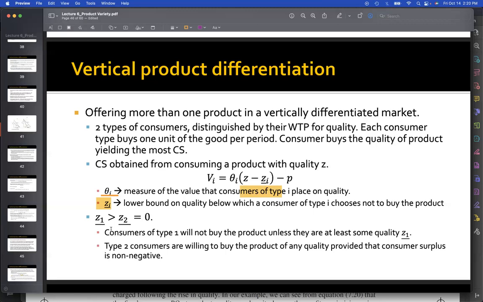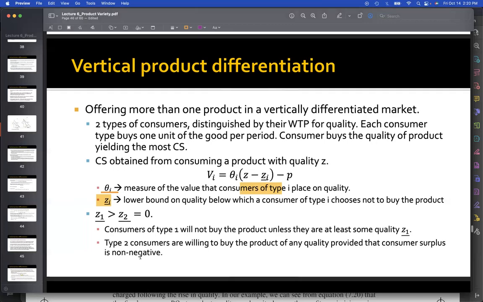So type 2 will buy anything because there's no quality less than 0. So any quality that's even just a little greater than 0, it will get utility from, right? But consumer 1 is looking for Z which is at least higher than Z underscore 1. Okay, now type 2 consumers are willing to buy the product of any quality, as long as it's not negative consumer surplus.